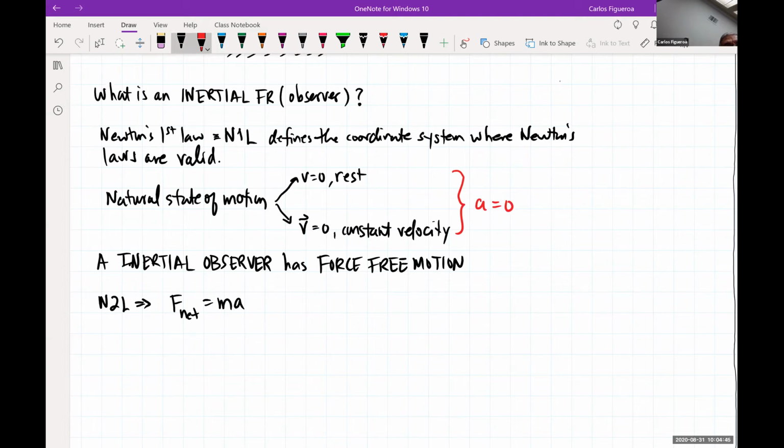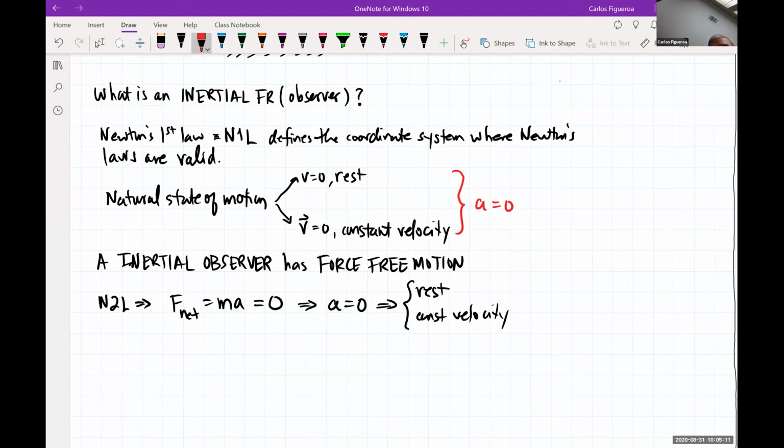So if that's 0 here, then this means this is 0, which then means that the acceleration is 0, which then means that you're either at rest or moving at constant velocity. So an inertial observer must be in a natural state of motion.